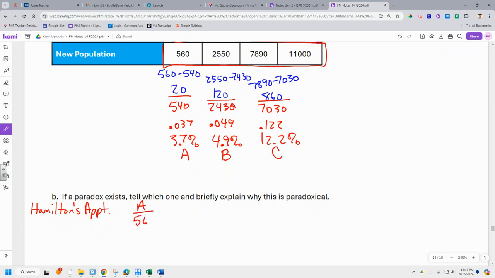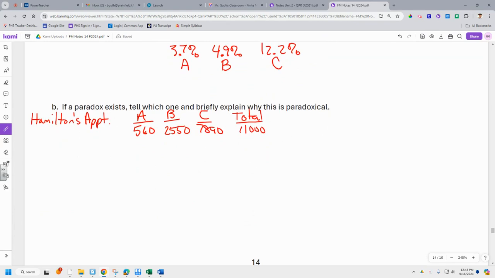Let me just copy the table so I can scroll up. We need to do Hamilton's apportionment and see what happens there.